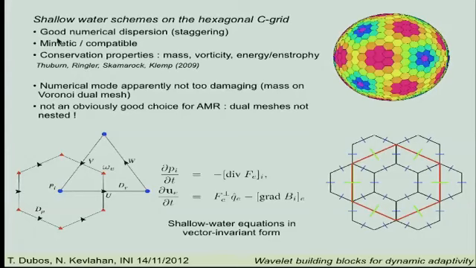So from this point of view, it's a good choice, but if you want to do adaptive mesh refinement, that looks like a terrible choice, because your mass control volumes are not nested at all when you perform a dyadic refinement of your grid. And the scheme uses the vector invariant form of the equations, and that will be somehow important in the way we do the mesh adaptation.